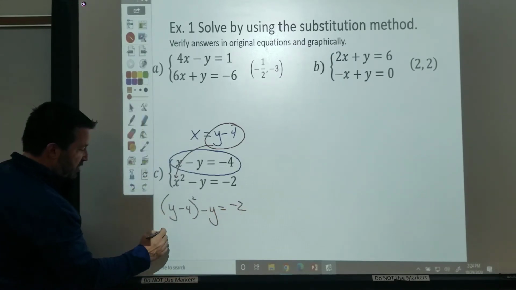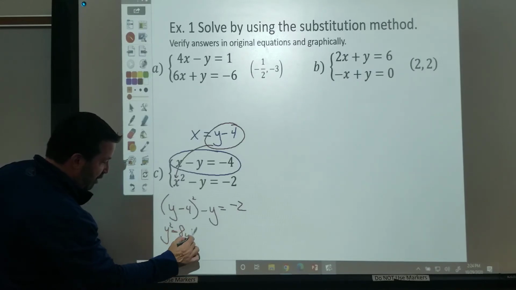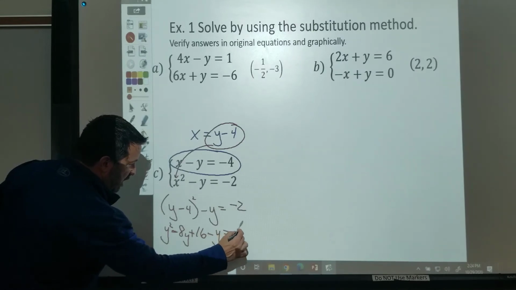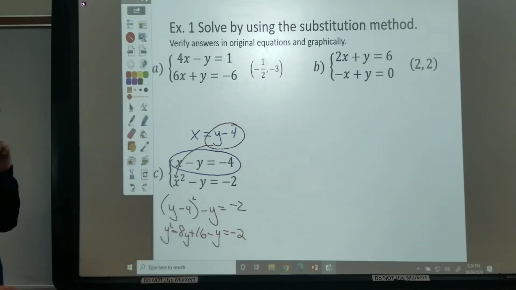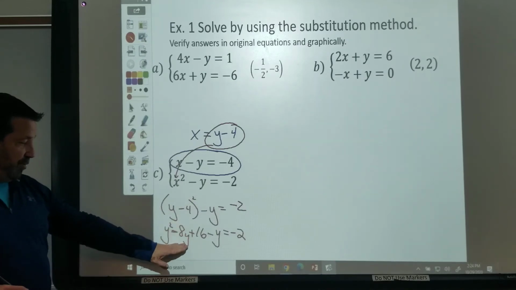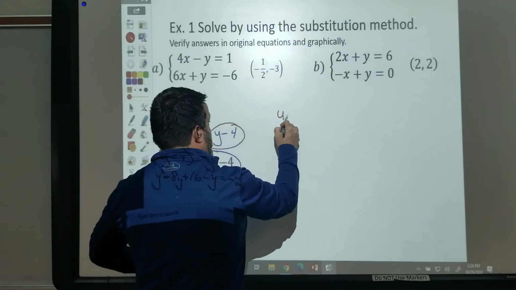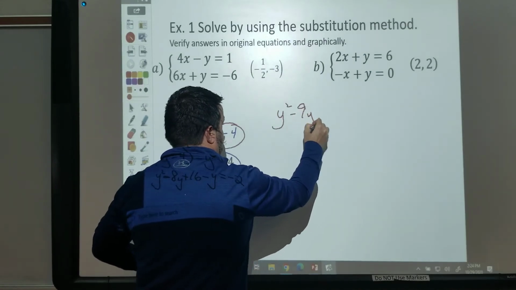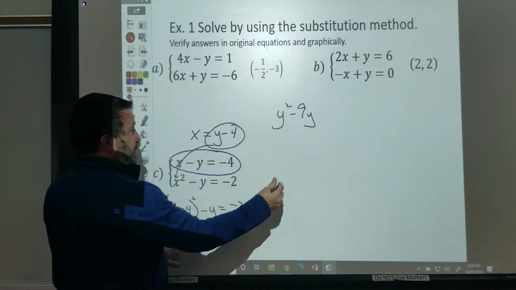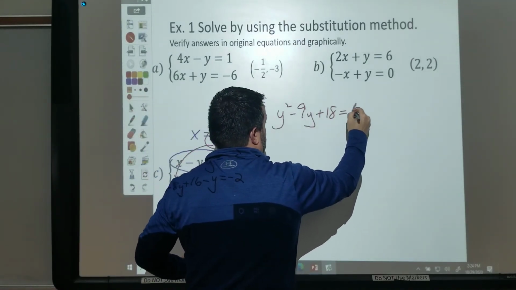So when I square this, I get y squared minus 8y plus 16 minus y equals -2. So be careful here. This is a binomial squared. That becomes a trinomial. So I now have y squared minus 9y plus 16, but if I move the 2 to the other side, it becomes plus 18 equals 0.